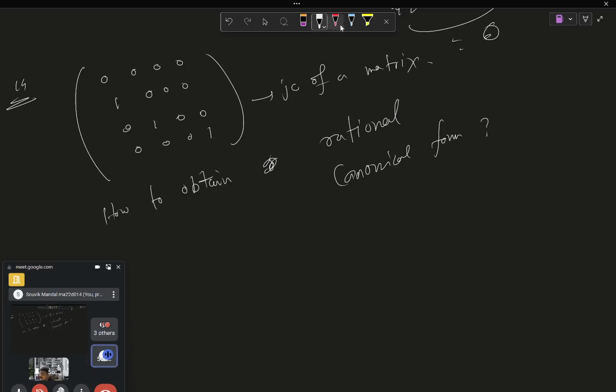So first of all, as per the construction, Jordan canonical form matrices are block matrices.